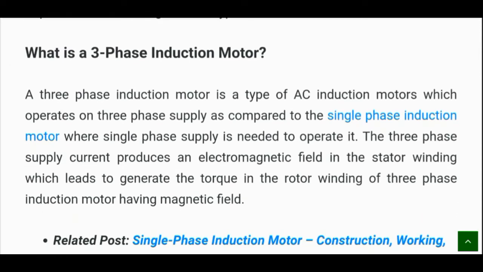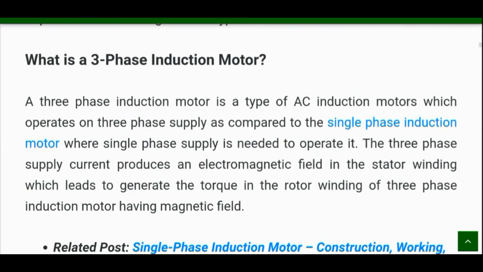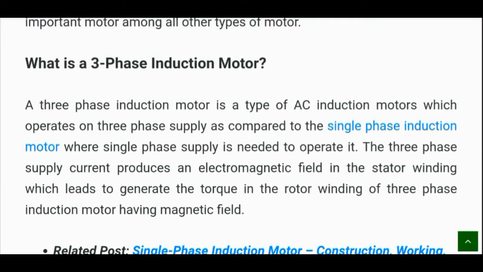What is a three-phase induction motor? A three-phase induction motor is a type of AC induction motor which operates on a three-phase supply, as compared to the single-phase induction motor, where a single-phase supply is needed to operate it.